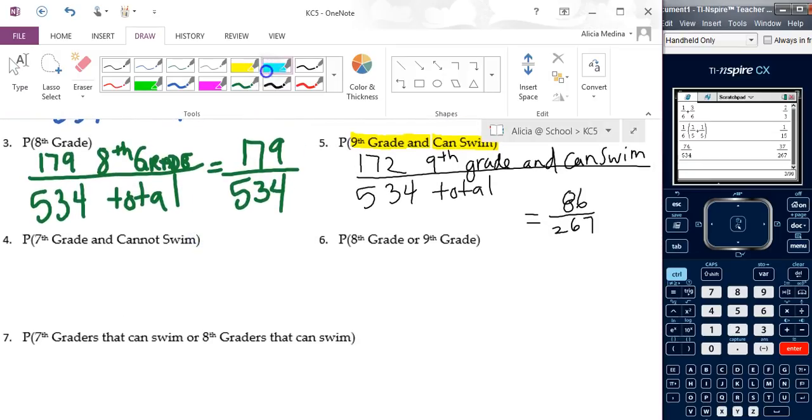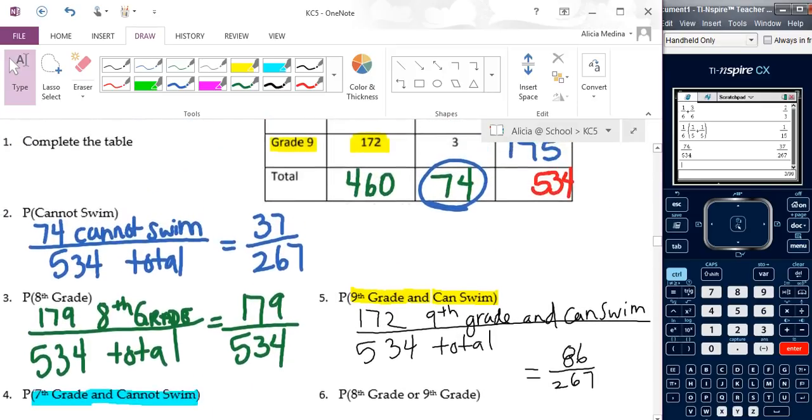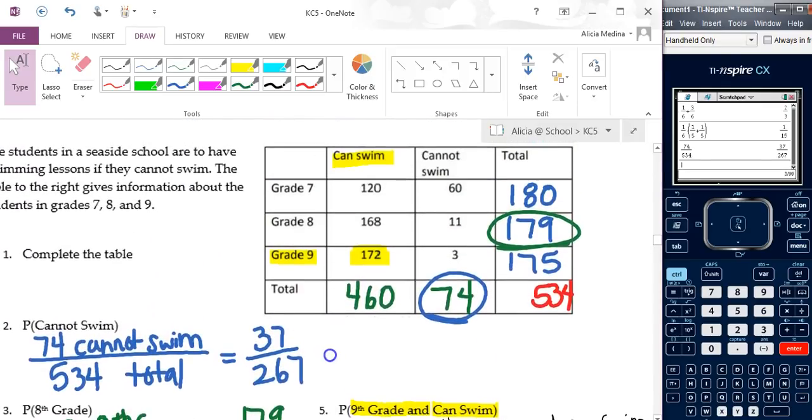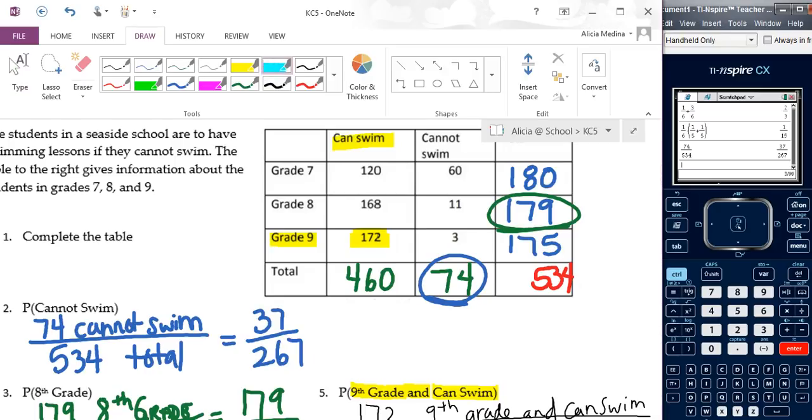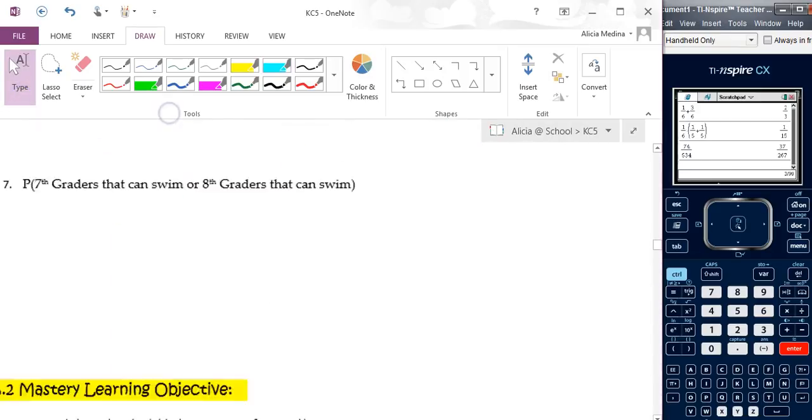Alright, so number 4. We want the probability of being in 7th grade and cannot swim. So we need to look where 7th grade and cannot swim meets. My 7th graders are in this row. The people that cannot swim are in this column. So how many people are in 7th grade and cannot swim? I have a total of 60.